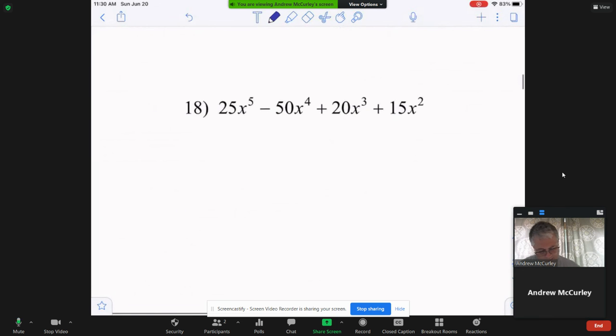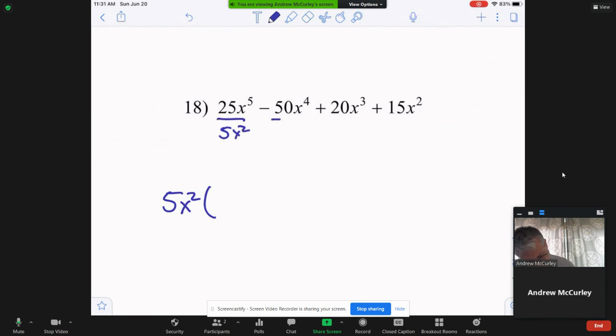What's common with this one? Looks like a 5 and an x squared. Okay, so I'm going to factor out a 5x squared. I know I'm going to have stuff left over here, so 5x squared I'm taking out, minus 5x squared. Divide each and everything by that. And sometimes you might say, oh, wait a minute, there's more in there. You might have to do it twice.